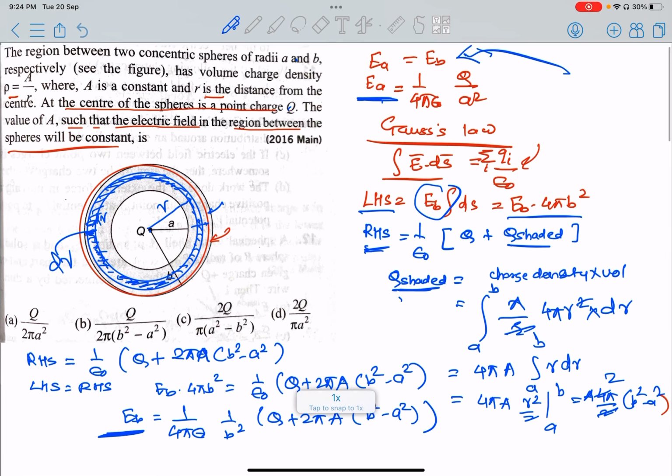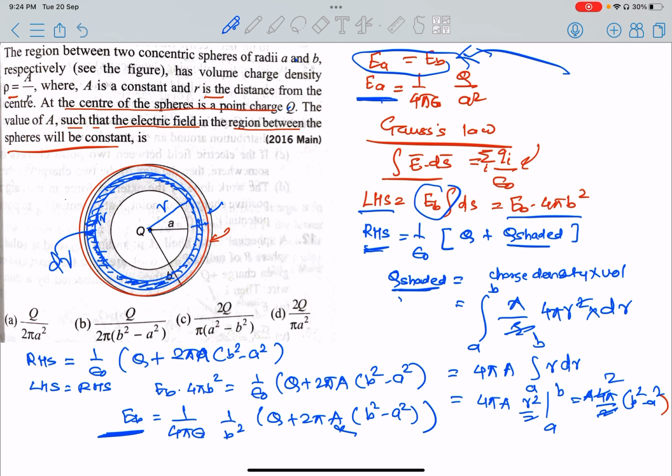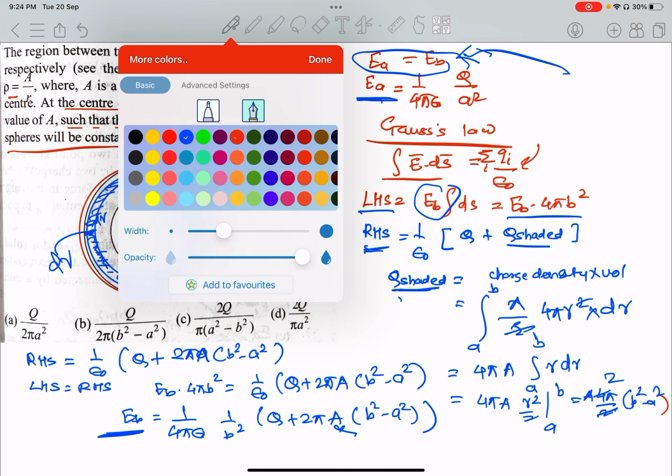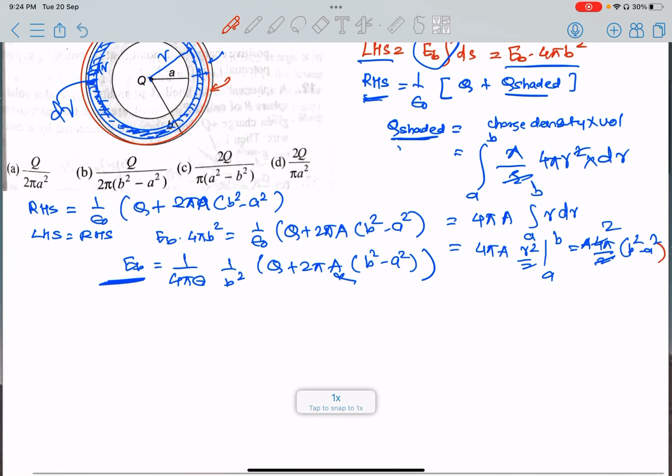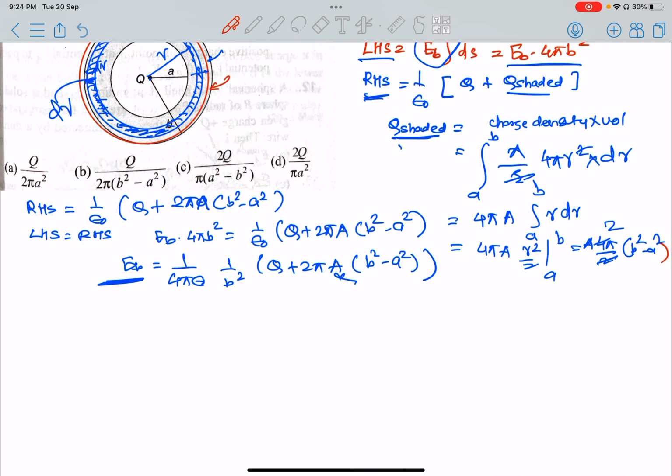Now I will equate these two because this is the given condition, and using that given condition we can find out what A is. So let's equate EA equal to EB.